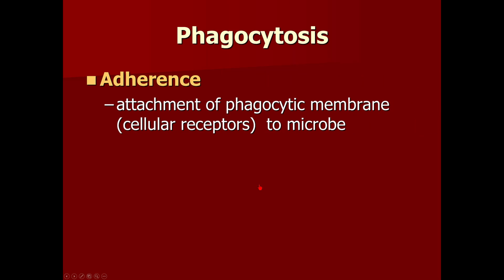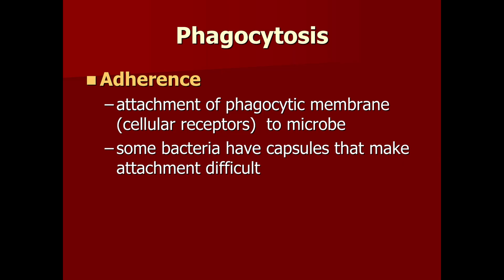So once these phagocytes arrive at the scene of the crime, they're going to attach to whatever it is they're trying to eat. And if it's a microbe, then to the microbe. Now, some bacteria, if you remember, have virulence factors, like capsules, and that makes attachment extremely difficult. We've talked about Streptococcus pneumoniae, right? Remember the Griffith experiment. And Haemophilus influenzae type B has a very thick capsule which actually inhibits phagocytosis.